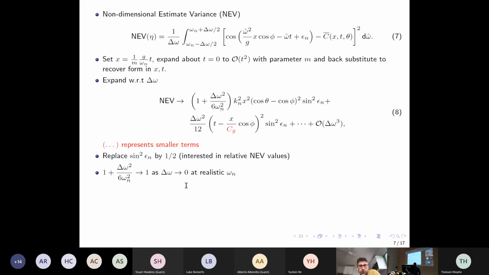And then we calculate the non-dimensional estimate variance, which is the variance of the component we use to represent the propagation of the sea state relative to the average waveform, the C bar that we calculated in the previous slide, over the narrow bandwidth delta omega, which is given by this.